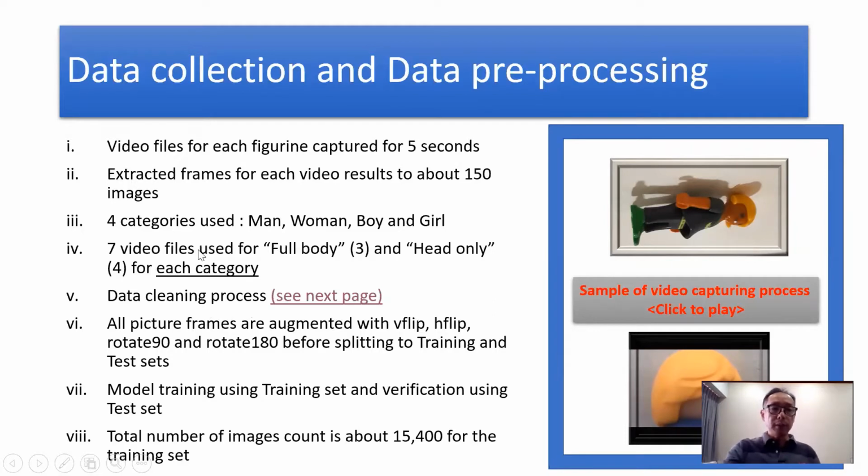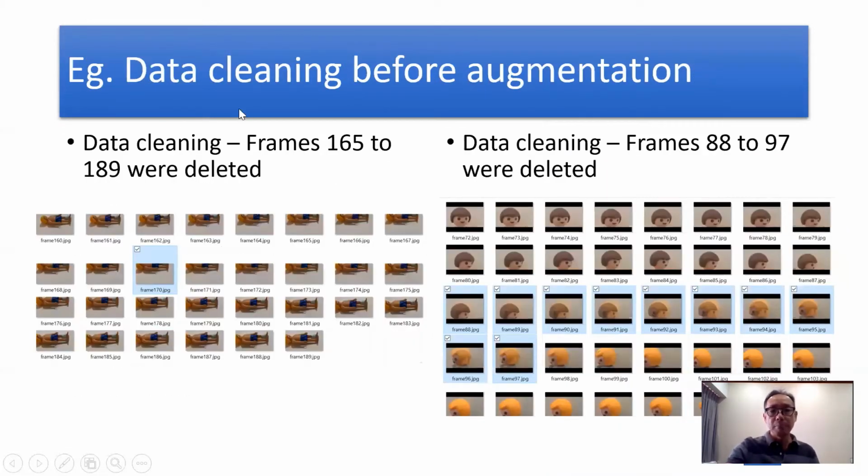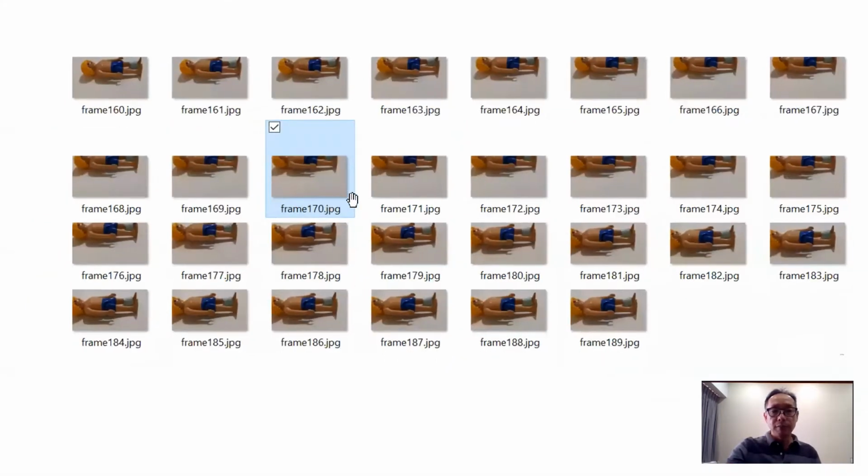So the data cleaning process after the extraction of the picture frames. Just quickly go through an example of how I clean the data. For example, if you have an image that was cut in half, and those are not clearly defined within the whole picture, I took those out.